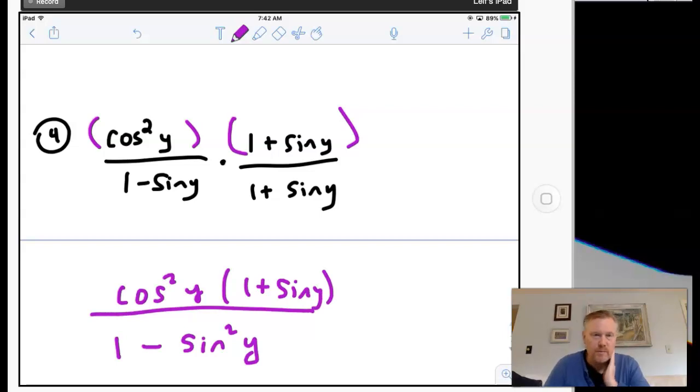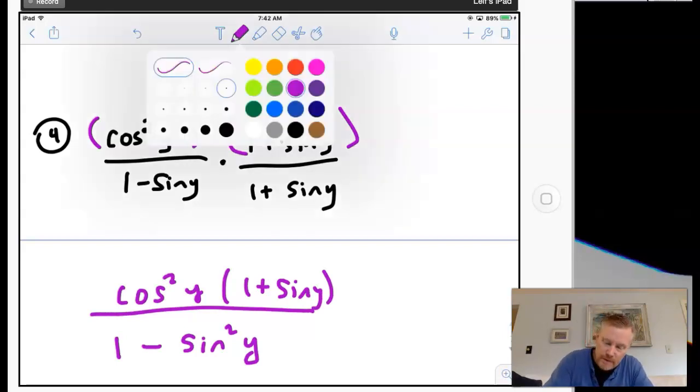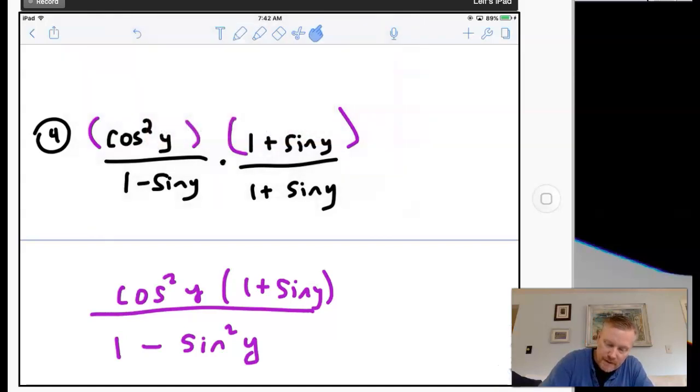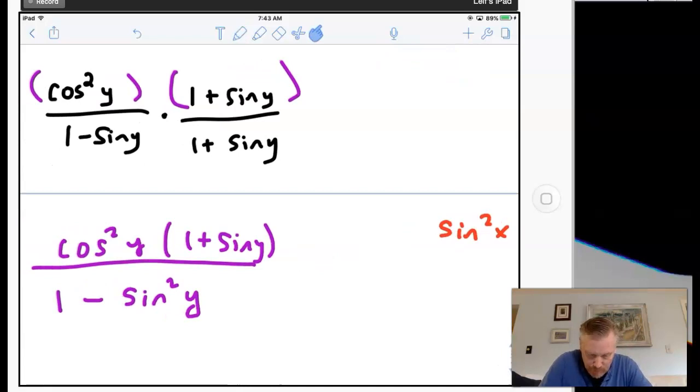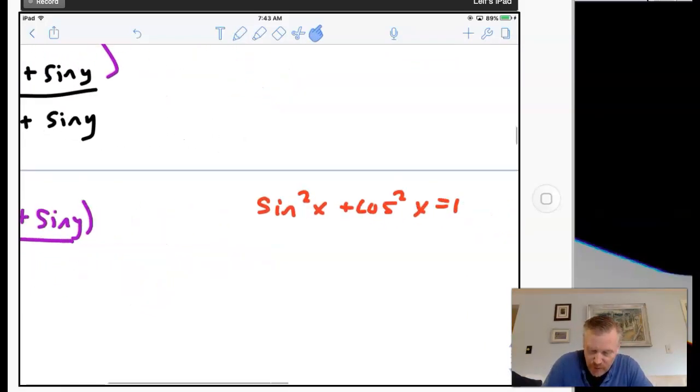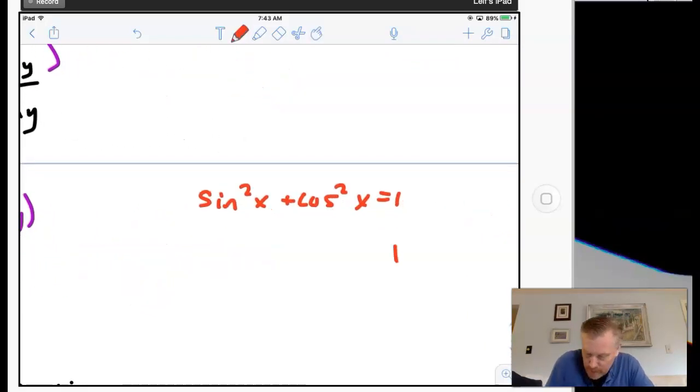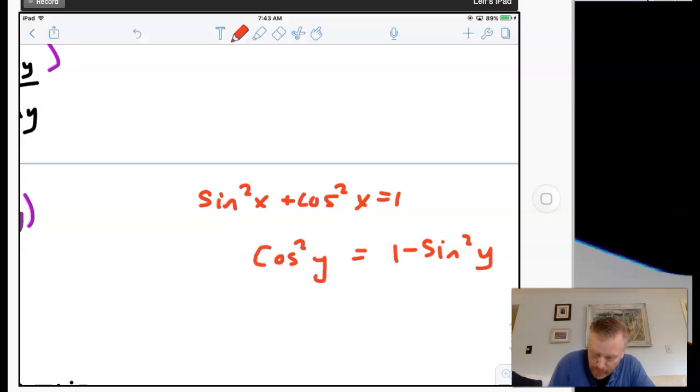So I'm looking at this. Remember that Pythagorean identity, sine squared plus cosine squared equals 1, which means if I manipulated this, 1 minus sine squared would be cosine squared.